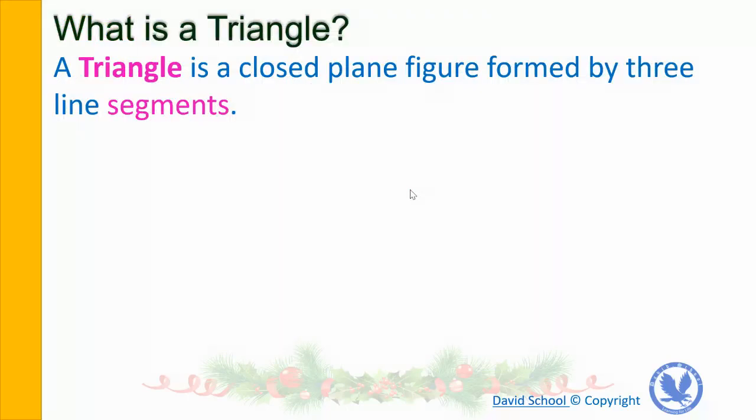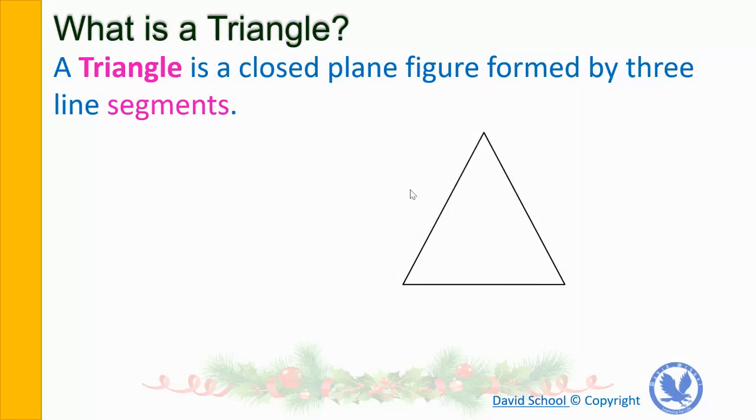Now let us start the second lesson. What is a triangle? We can define it like this. A triangle is a closed plane figure formed by 3 line segments. Please understand, a triangle is a two-dimensional figure. A triangle is a closed figure. A triangle has 3 line segments.